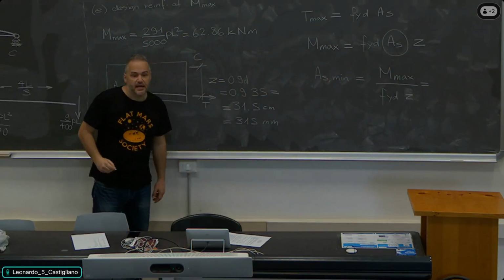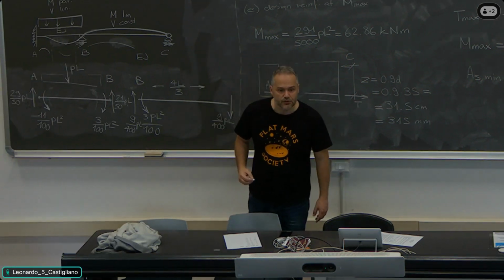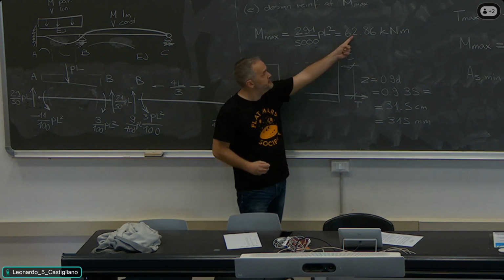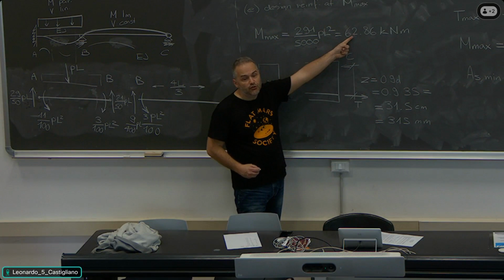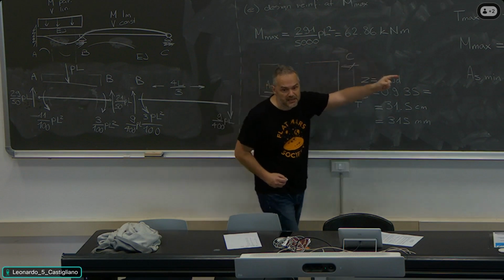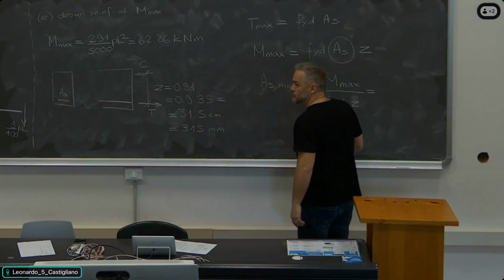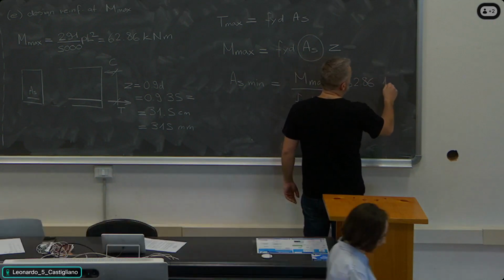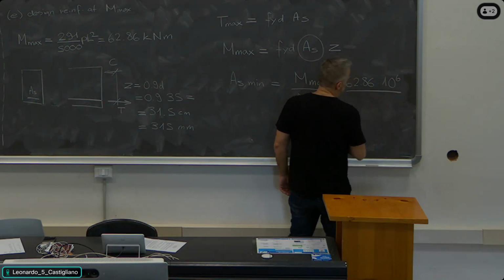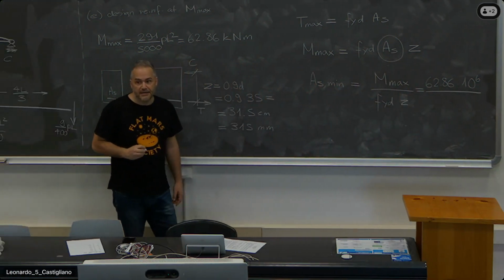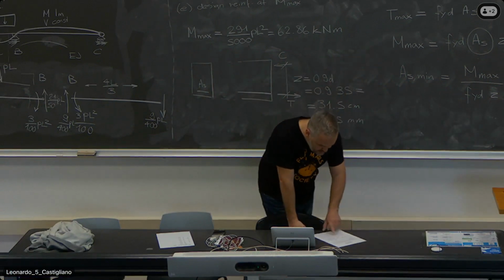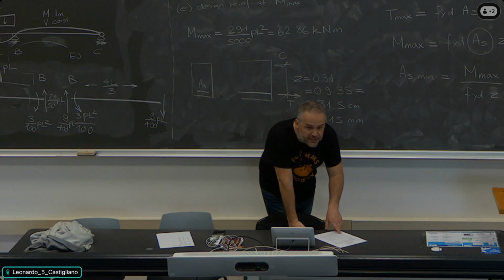In order not to mess up the units of measure, I strongly advise you to first transform the bending moment into Newton times millimeter, not kilonewton meter. Which means 62.86 times 10 to the power of 6, divided by FYD, given in megapascals: 350 megapascals.